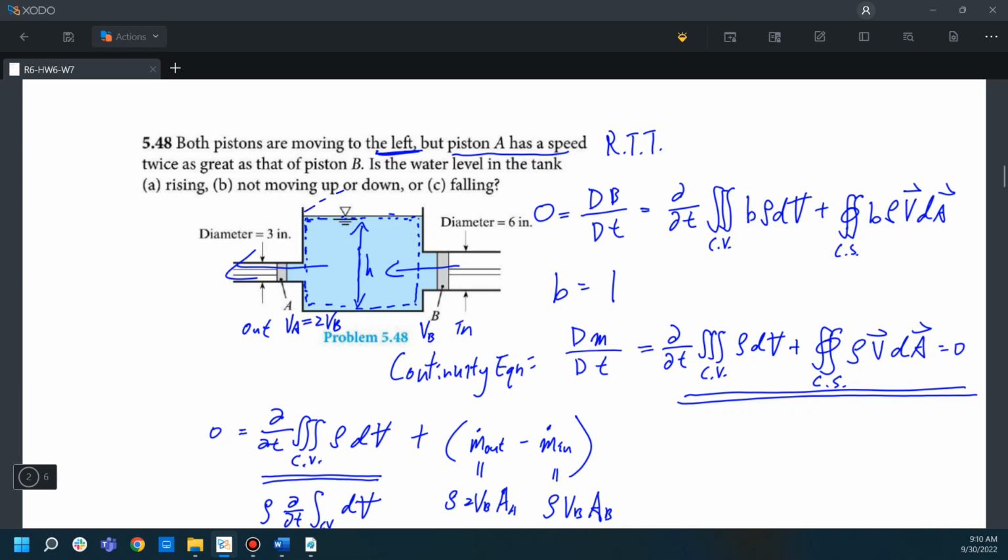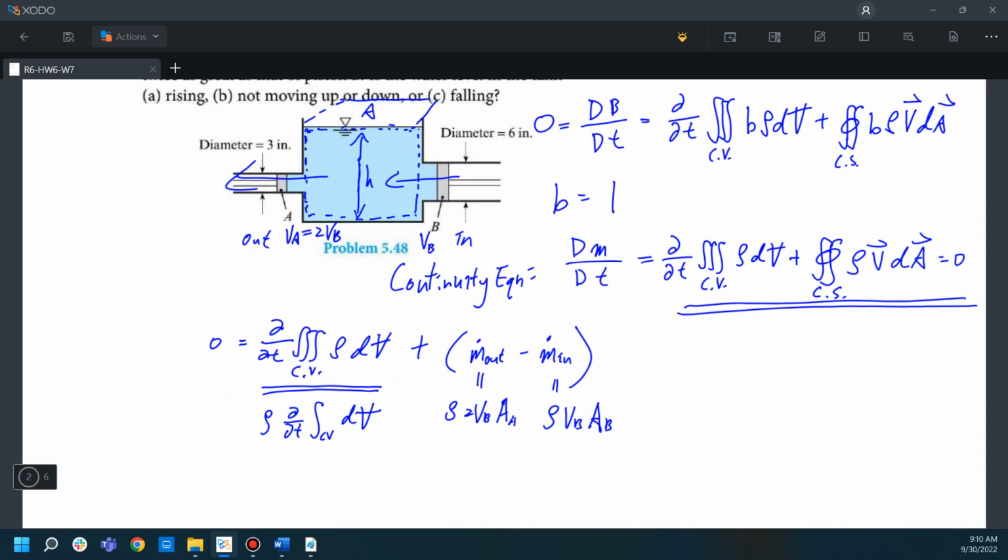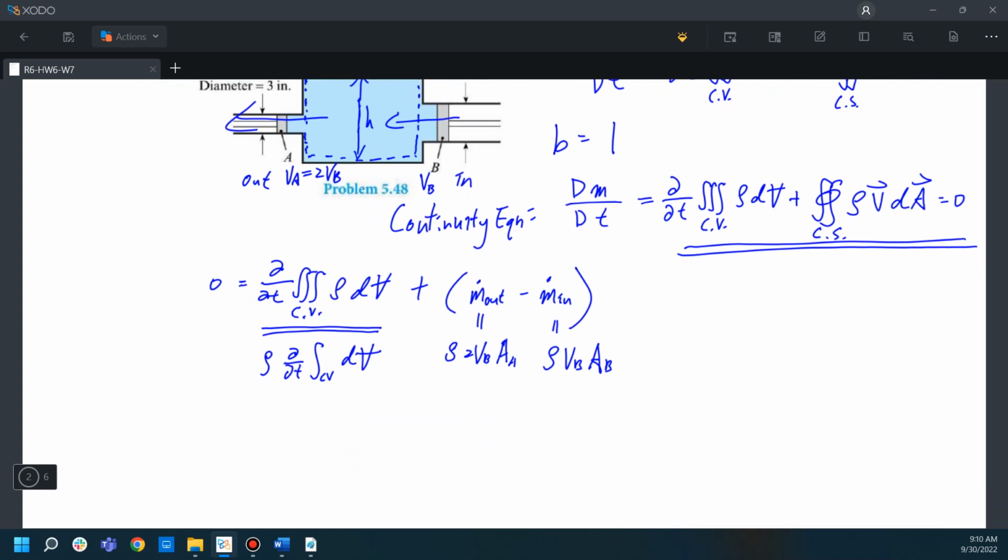And the area of this control volume, this is A. So the entire volume is A times h.